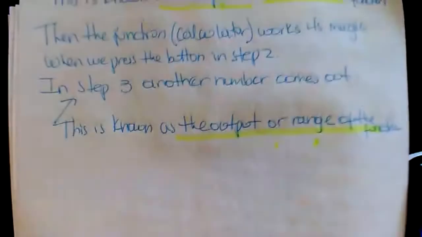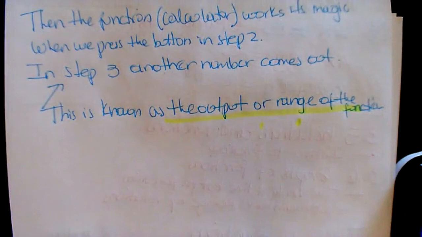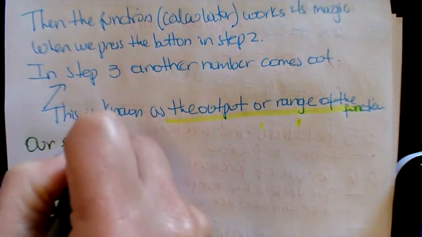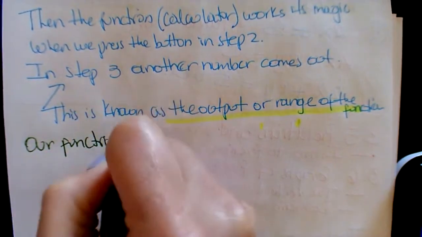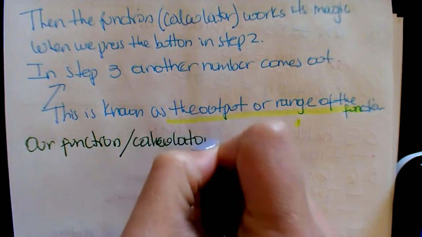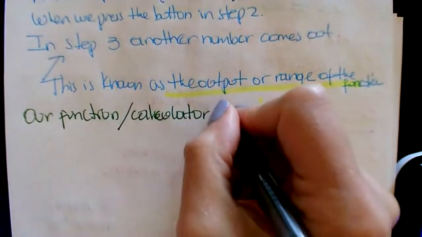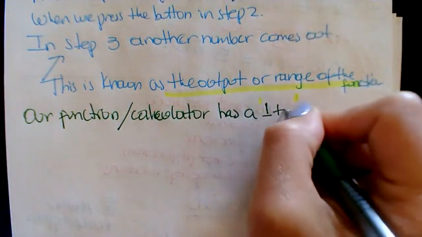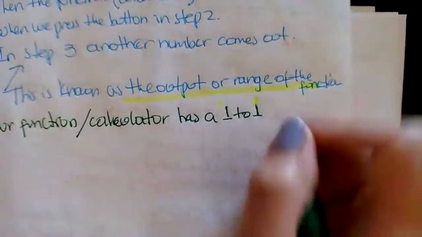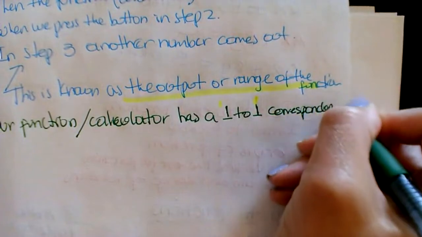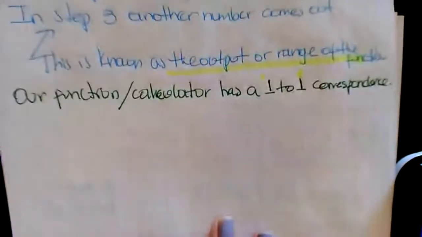So let me write this down. This part says that our function, in our case the calculator, has a one-to-one correspondence, okay?